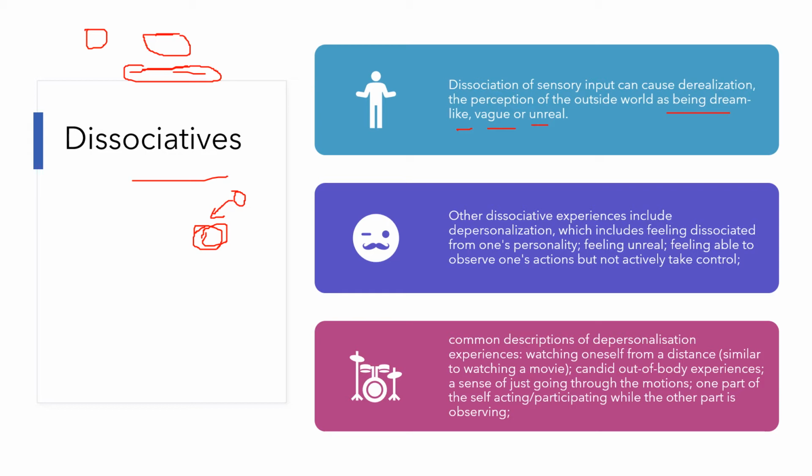Out-of-body experiences, a sense of just going through the motions, one part of the self acting, participating, while the other part is observing. So as if the person is a double of themselves, as if they're watching themselves.